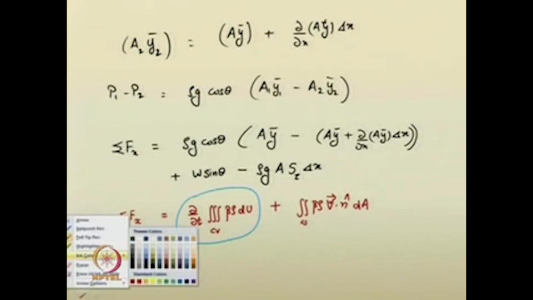Therefore, you can write now outflux rho v squared dA minus influx rho v squared dA.